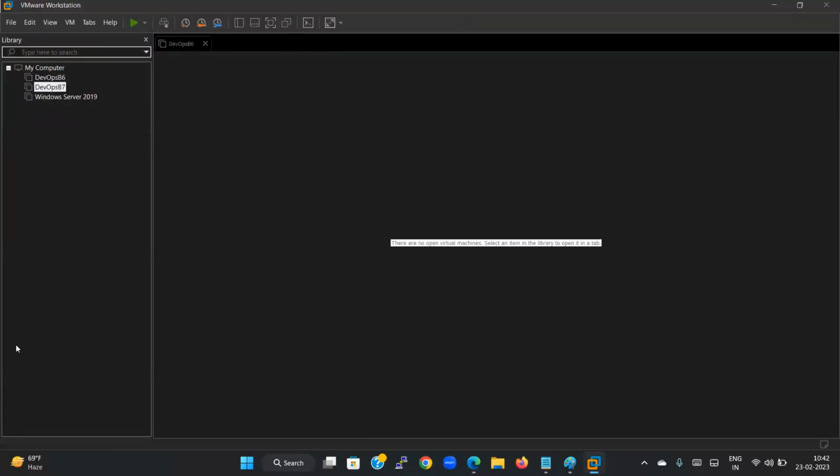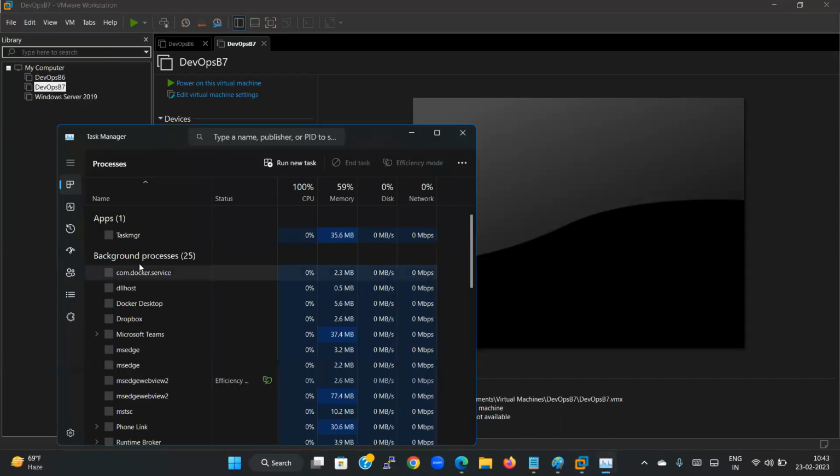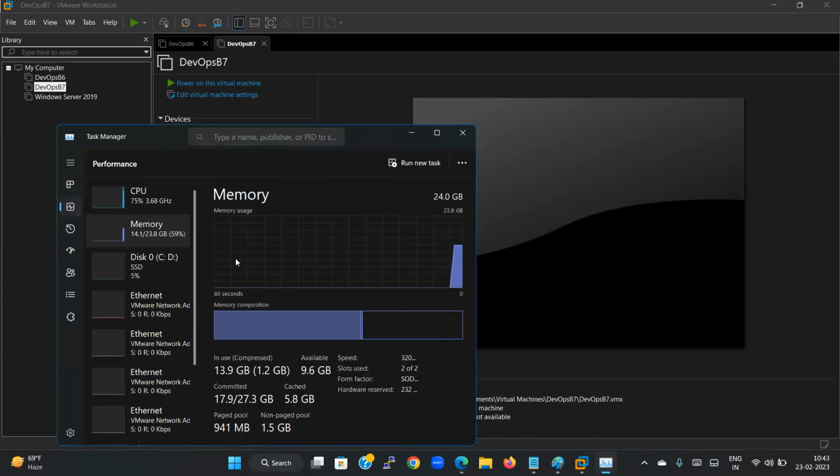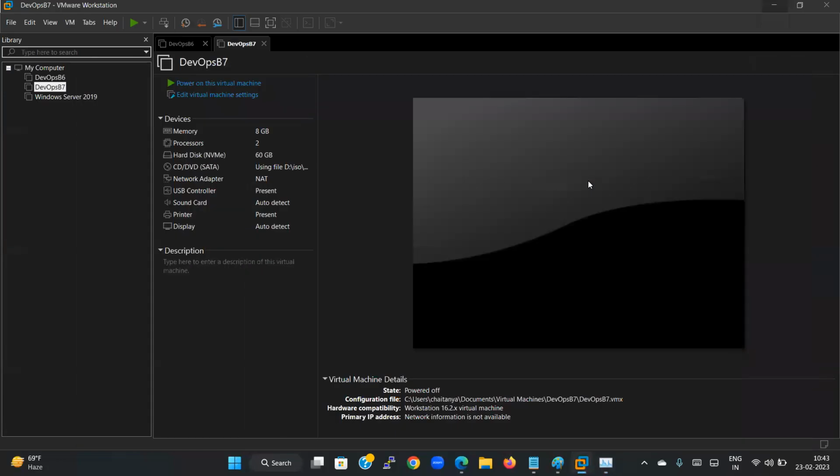Now, I don't want to talk about VMware and all those things, but for your understanding, I'm saying, if you see the resources, see that 14 GB of resources are occupied by my remaining applications. Now, when I power on this virtual machine, automatically the resource utilization will increase.